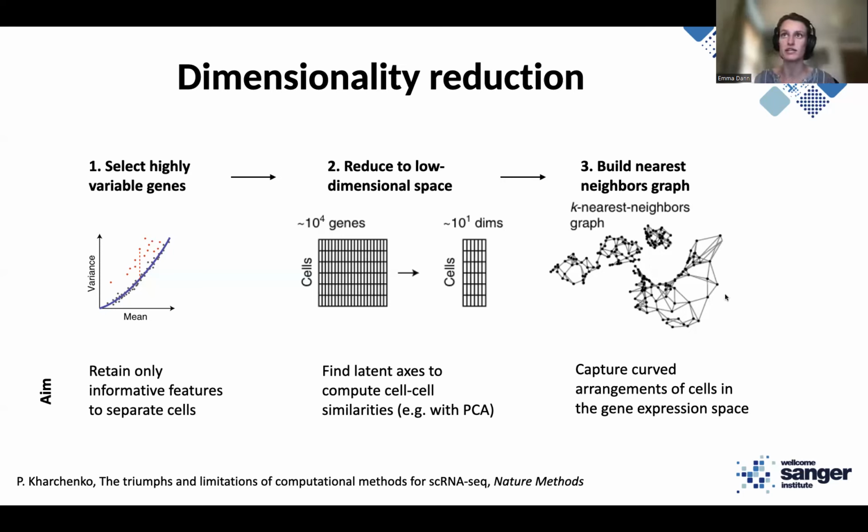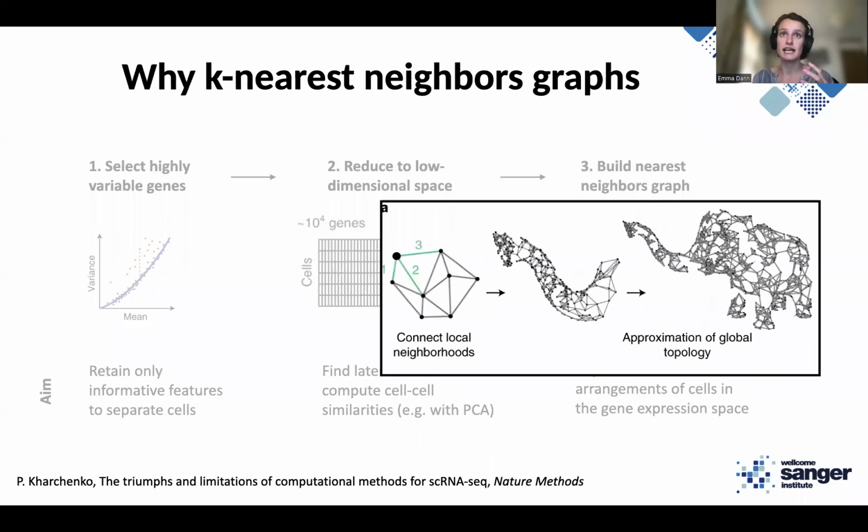It really depends on the type of data. K nearest neighbor graphs are awesome because they capture curved arrangements of cells in gene expression space. And just to give you an idea of why nearest neighbor graphs are so useful, from connecting a cell to its local neighborhoods, we actually see structure that emerges.